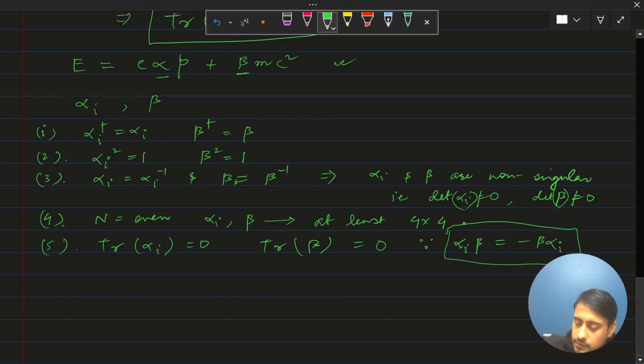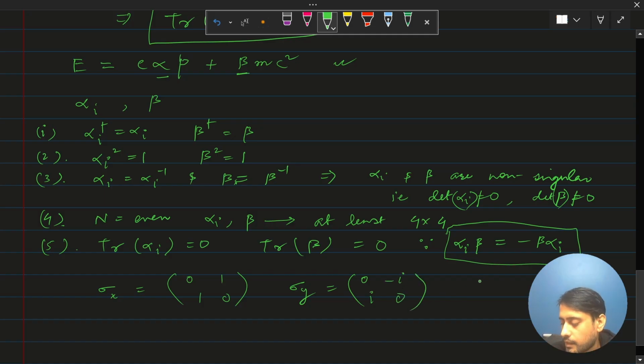We know that in 2 dimensions, the Pauli matrices sigma are: sigma x given by 0 1 1 0, sigma y equals 0 minus i, i 0, and sigma z equals 1 0 0 minus 1.